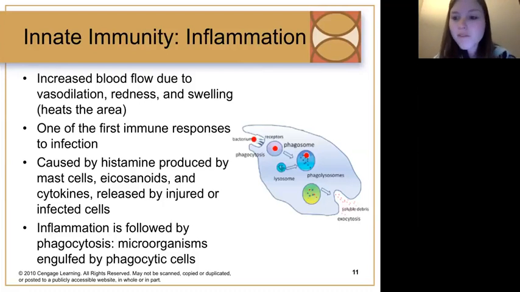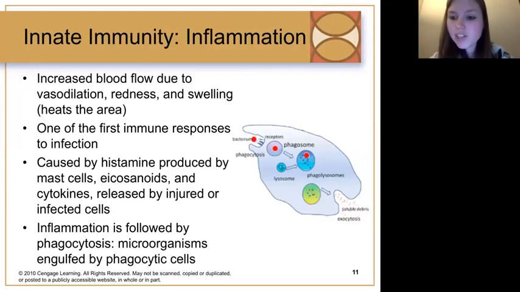Part of the innate immune response is inflammation. If you have ever had an injury and then had a lot of swelling or a lot of heat in that area, that's the innate immune response trying to get rid of an infection. What happens during inflammation is increased blood flow due to vasodilation.